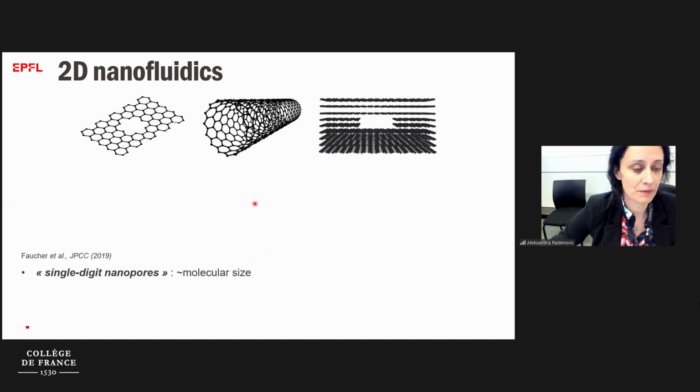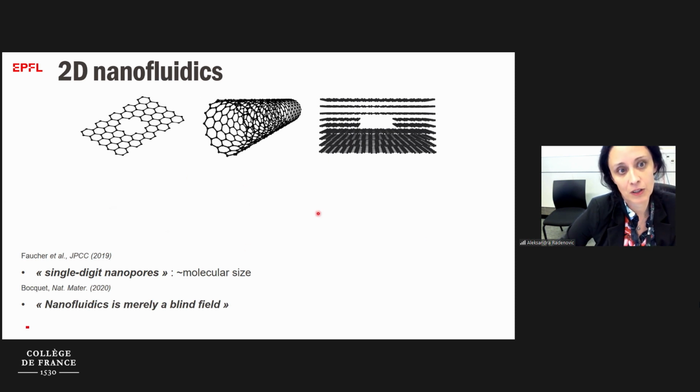What we have been learning from these different geometries and confinements of molecules, ions, and water is that we are still in a kind of dark ages. We need some sort of microscope that would allow us to peer into these confinements and not only rely on current-voltage characteristics, either in a DC or in an AC domain.